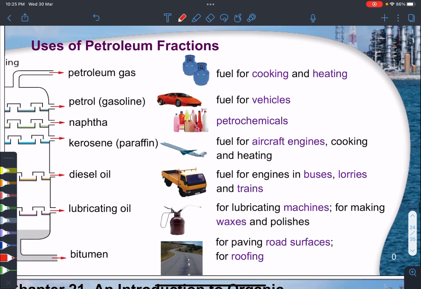Next. In your syllabus, there are 7 components here. You technically need to know where each component is, which one comes first, and everything, along with their uses. Yes, you should.